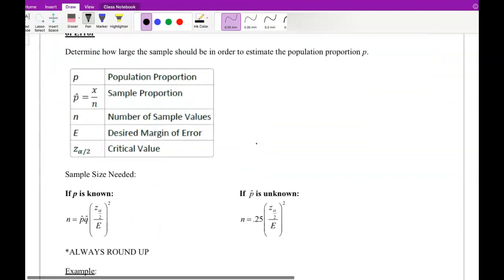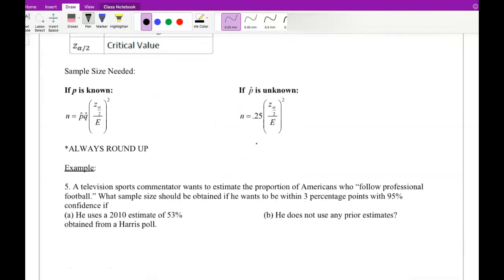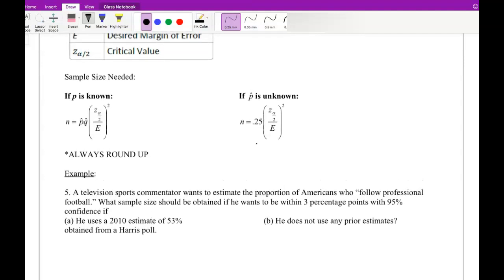Okay, now let's work on finding sample size. To find sample size, if you have any information about p, you're going to use this formula. If you don't have any information about p, then you need to use this one to find n.